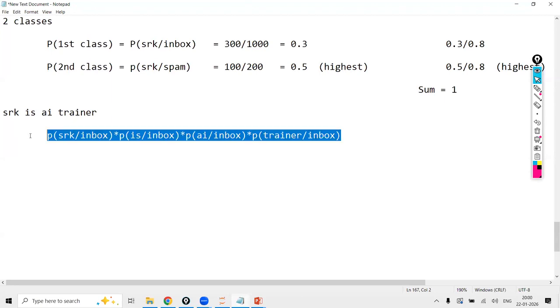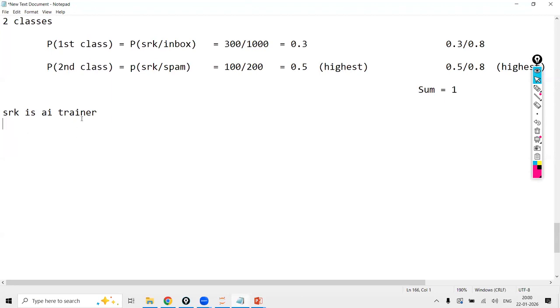Now, for example, SRK is an AI trainer. This is in the inbox. SRK is an AI trainer, and SRK is a data science trainer. So the word SRK and the word trainer were repeated 2 times in a single mail only.